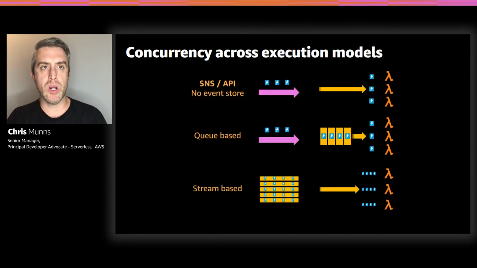So just as an example here, if we look across various different execution models and the services that might be feeding them, we can see how, based on things such as batching, how stream-based processing works, and how things like the messaging services with SNS might work, you're able to process records in parallel. For some of these services, you're able to process much more in parallel, whereas for others, depending on the configuration, you could be limited by that. And so again, just an important context to understand around how concurrency, invocation, and execution models work.